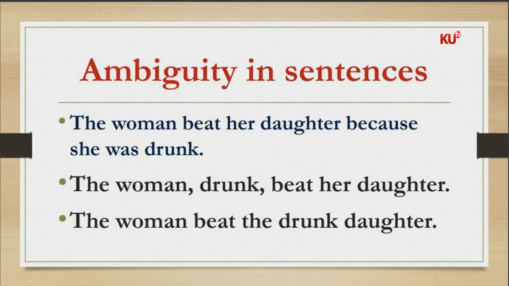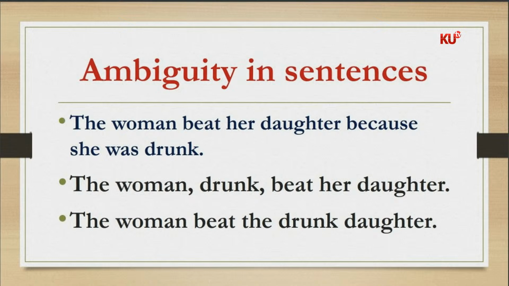It's the woman who was drunk, and so this woman beats the daughter. And then the second meaning: it's the daughter who is drunk, and so the woman beats the daughter because the daughter is the one who is drunk.